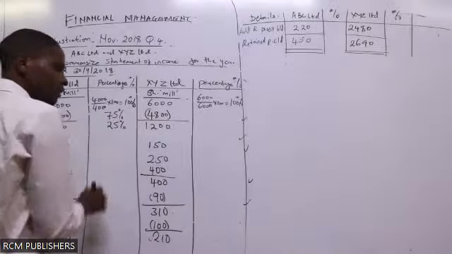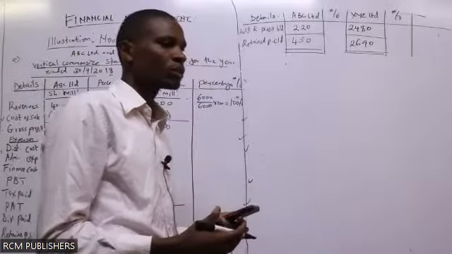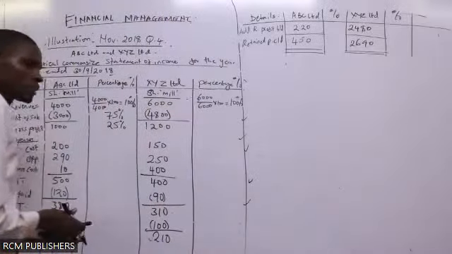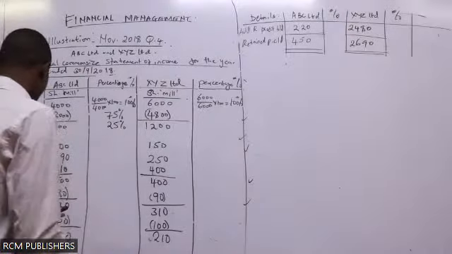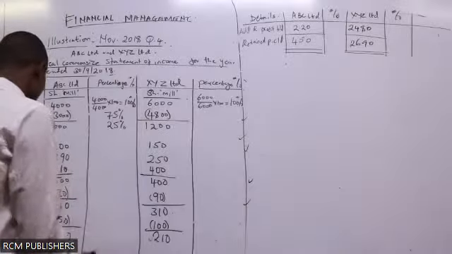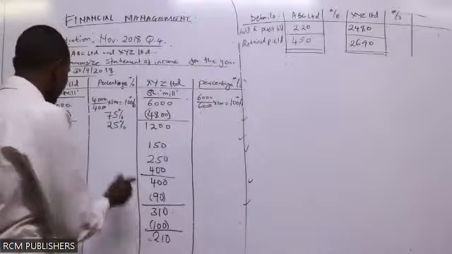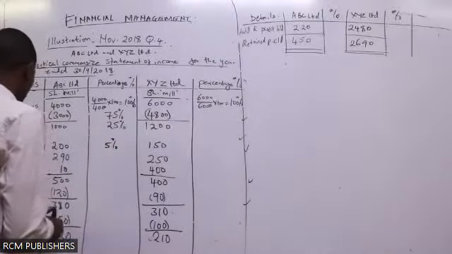Distribution cost ni ngapi? Zote tunazitafutia, including the profit. 5%.